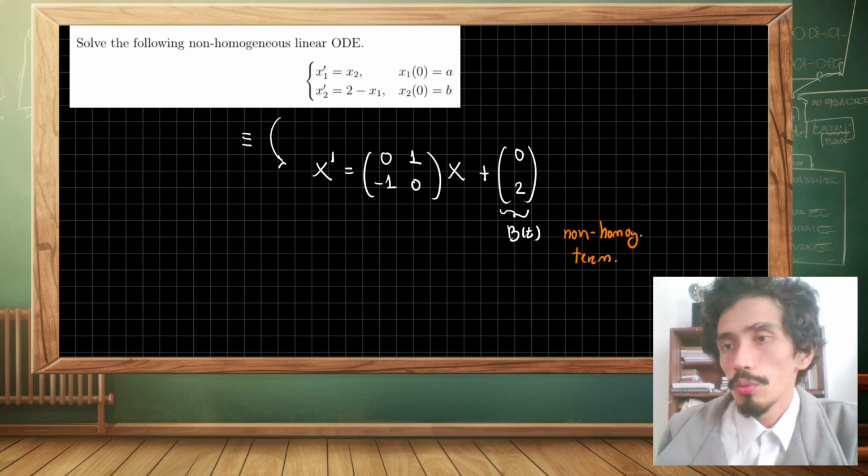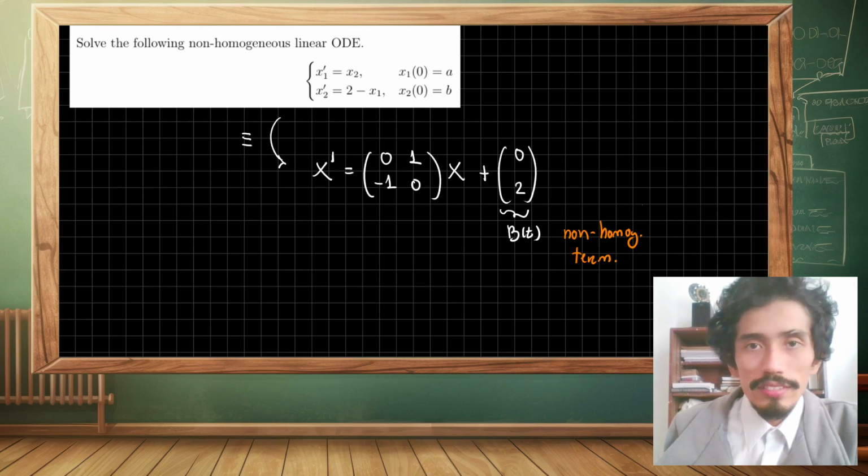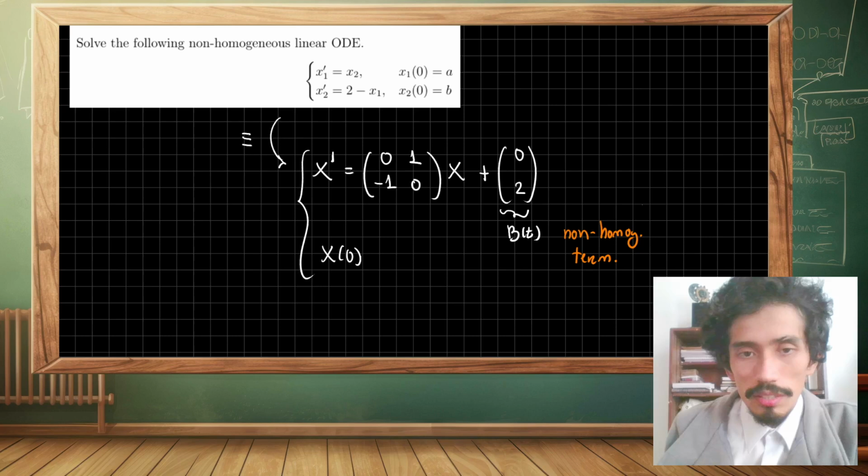So we saw previously the solution of a homogeneous system with initial value. Let's write the initial value here, which is x evaluated at 0 is equal to the vector v.